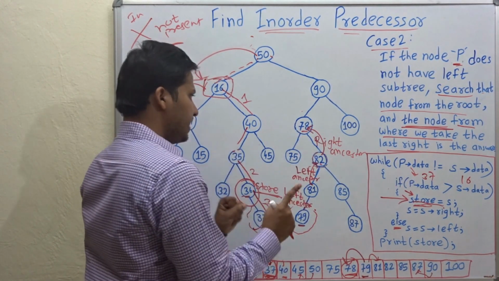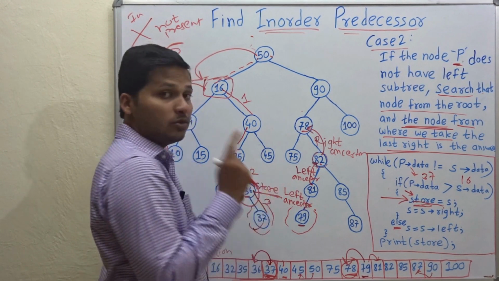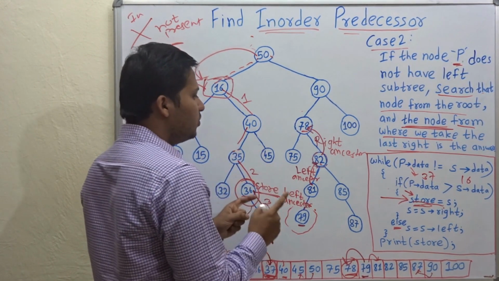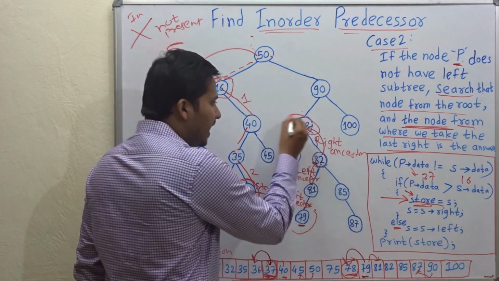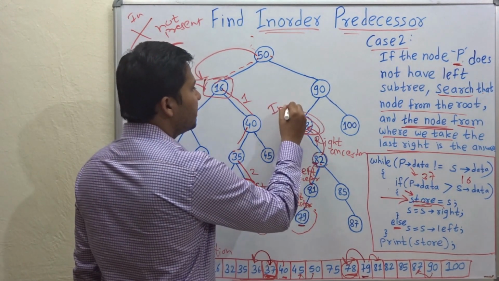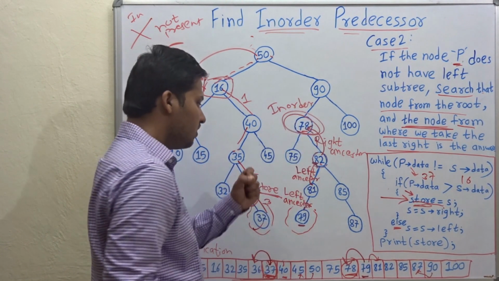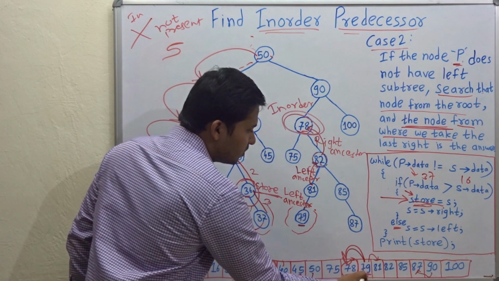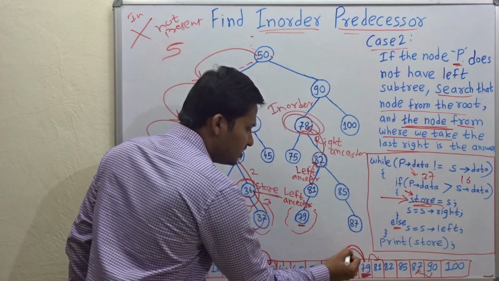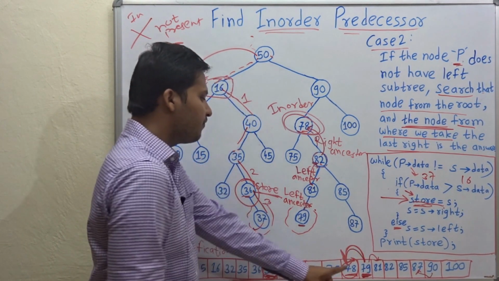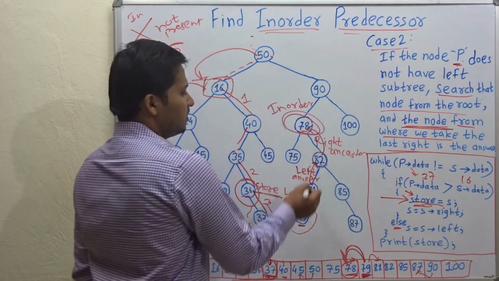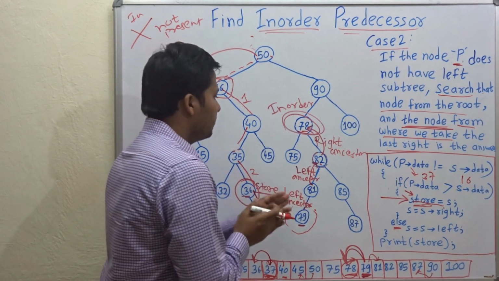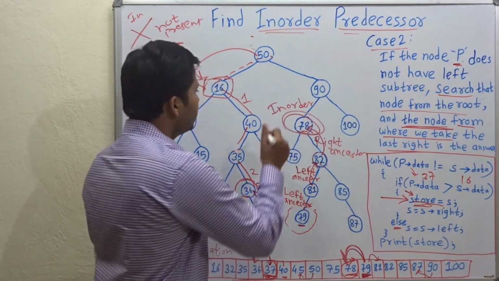So the first time we find a node which has a lesser value in this path, that node is the in-order predecessor, because we want the value immediately before our node, that is 79. The first lesser value is 78. In this way we have reached the in-order predecessor.